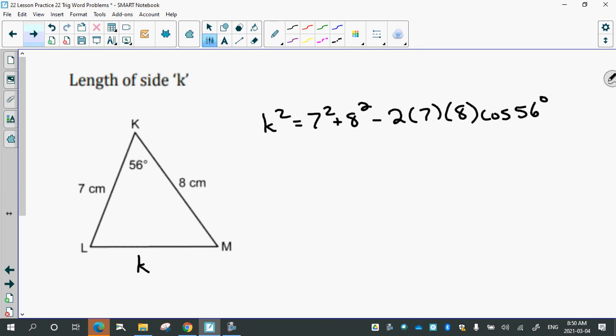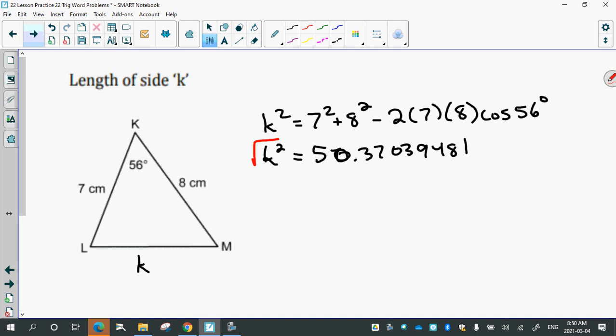Okay, you could have the 8 and 7 switch. You guys get 50.37039481.